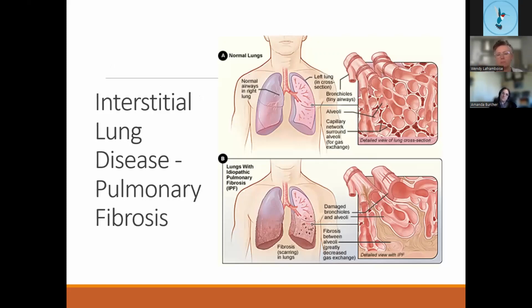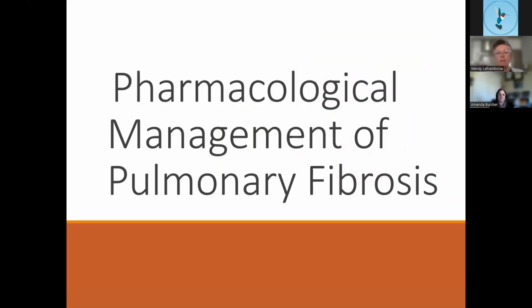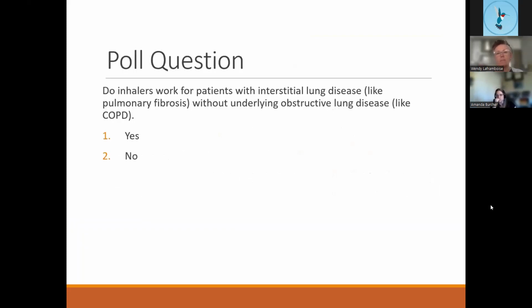When we go to admit to pulmonary rehab, if there are two people on the waiting list, a COPD patient and a pulmonary fibrosis patient, we may admit the pulmonary fibrosis patient first, depending on history, because this patient population tends to deteriorate more quickly. So that's just some pharmacological management of pulmonary fibrosis, very briefly. I think Carl's up with his next question.